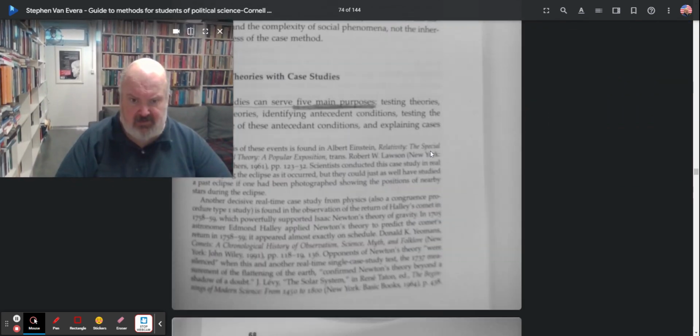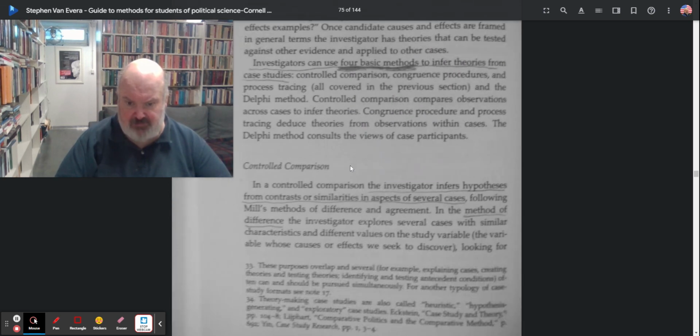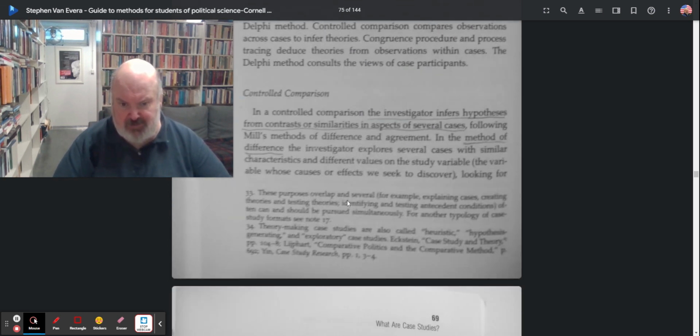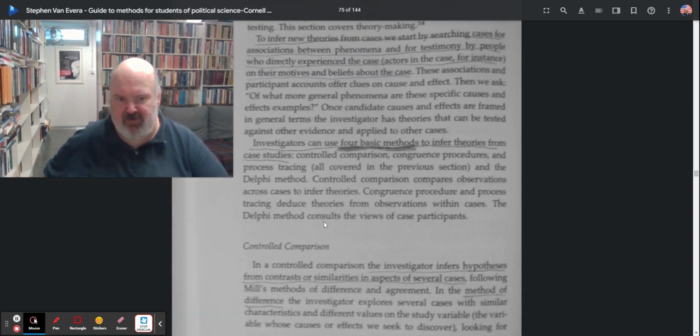These purposes overlap, and several, for example, explaining cases and creating theories and testing theories, identifying and testing antecedent conditions, often can and should be pursued simultaneously. For another typology of case studies, see note 17, which we talked about earlier in another video.